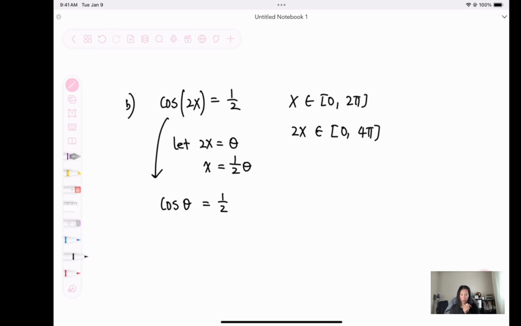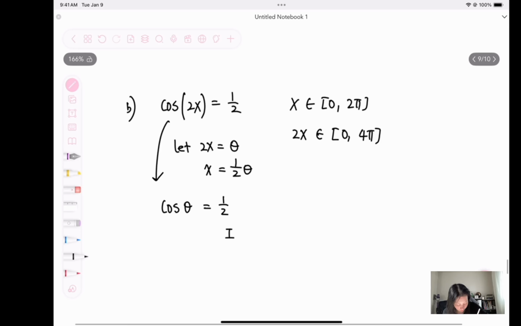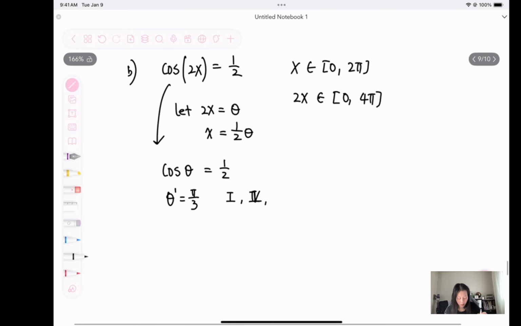Cosine theta equals 1/2 tells us two things. One, this is going to be in the first quadrant. Second, not just the first quadrant, also the fourth quadrant. And 1/2 means the reference angle equals pi over 3. Now, let's do this.